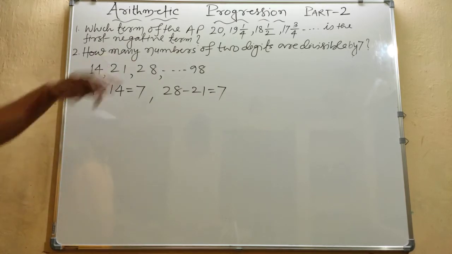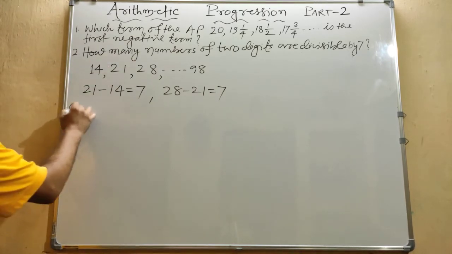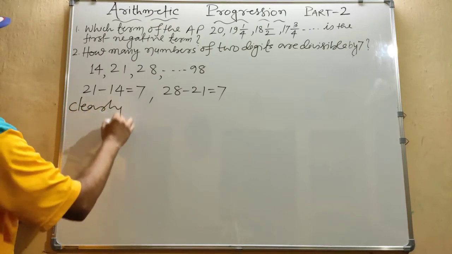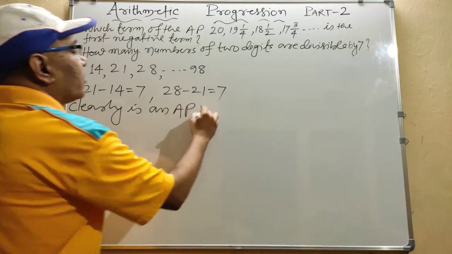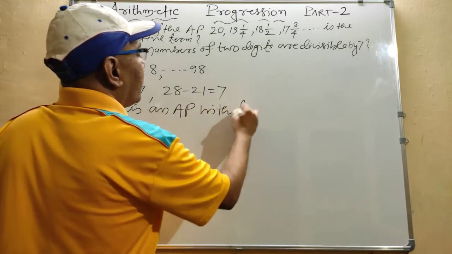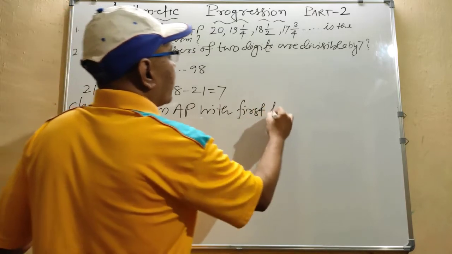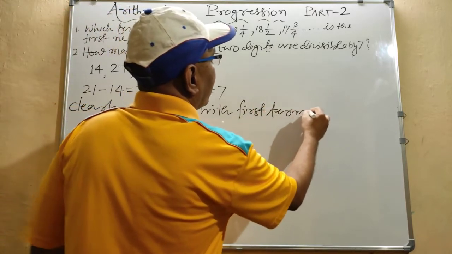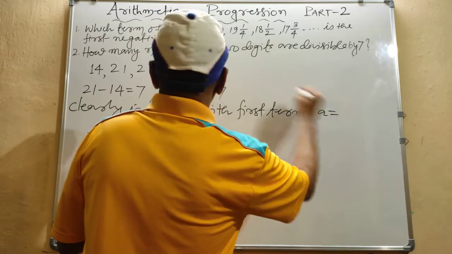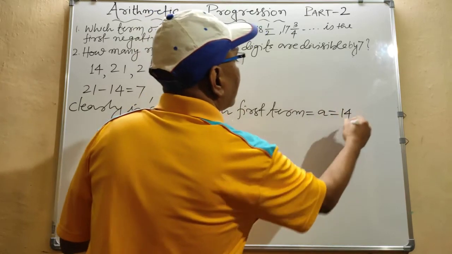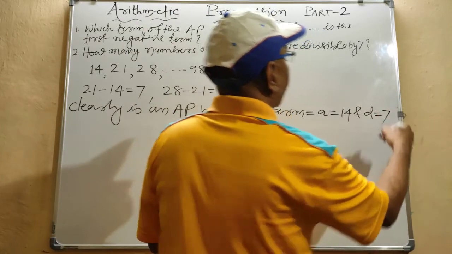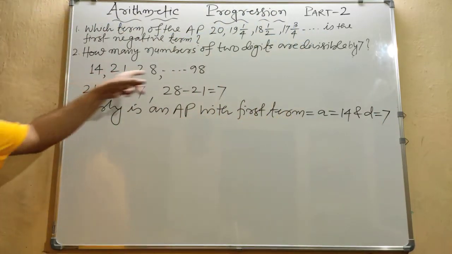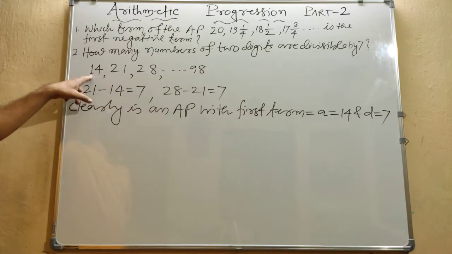So it is clearly an AP with first term a is 14 and common difference d is 7. So this is an arithmetic progression with first term 14 and common difference 7.